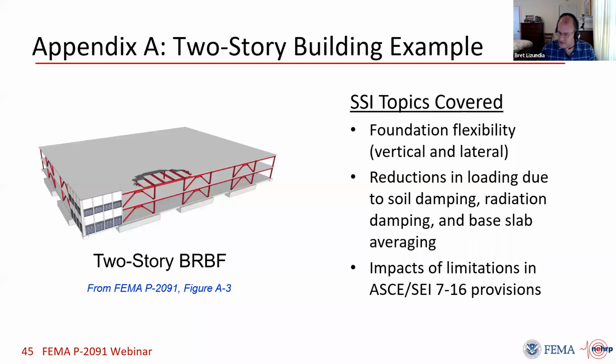We aren't doing any breaks, but we're now going to move into these two examples that are drawn from more beginning to end, so to speak, where we look at a whole building and we think about how SSI would get invoked in the design process.